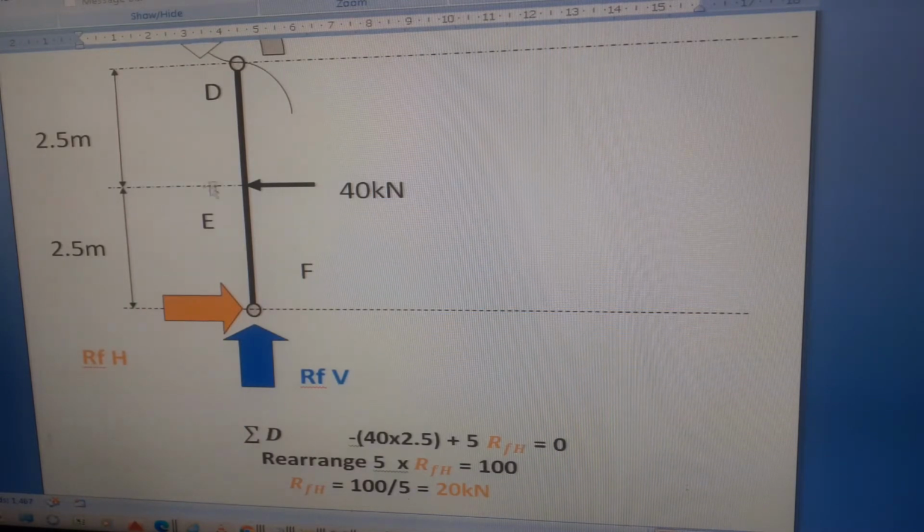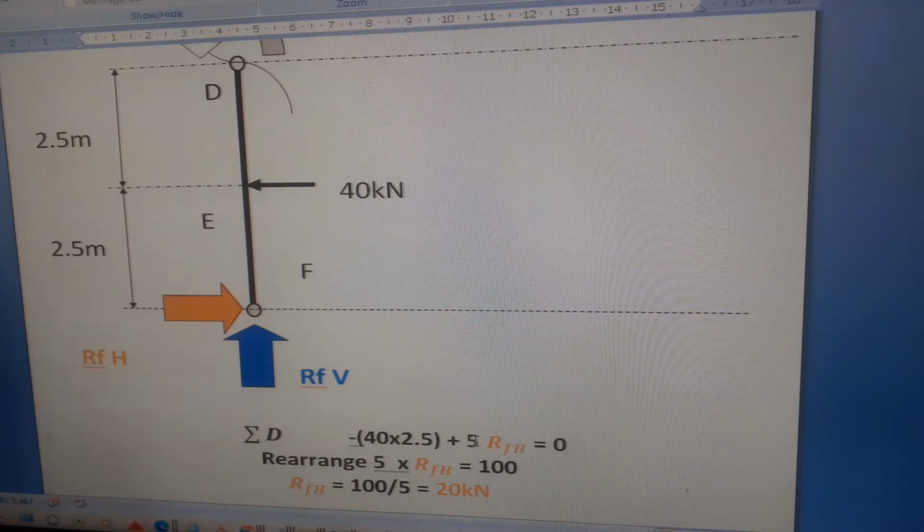This is clockwise. If we take moments about D, the lever arm is 2.5 and the force is 40 kilonewtons. Therefore the moment is minus 40 times 2.5, and then the moment generated by the force RFH is 5 meters times RFH, because it's perpendicular to the axis line going through the point.